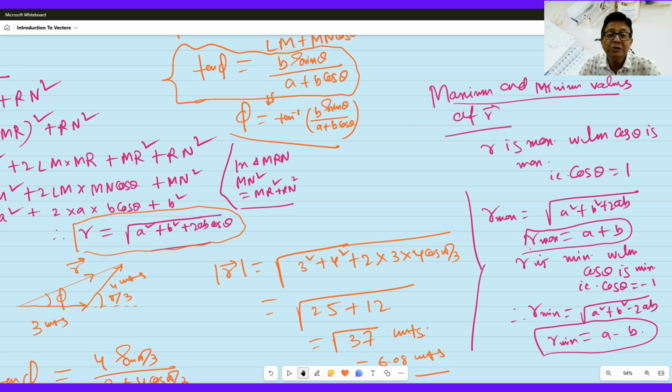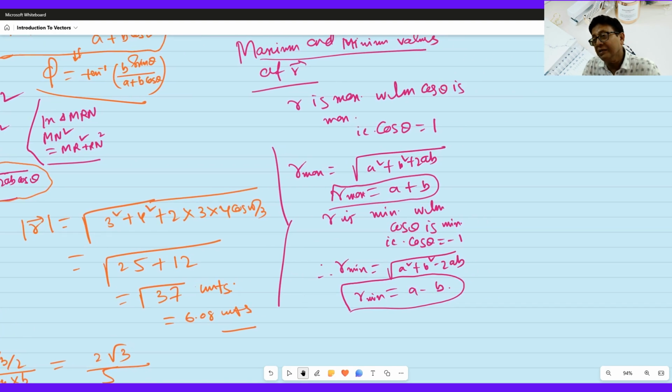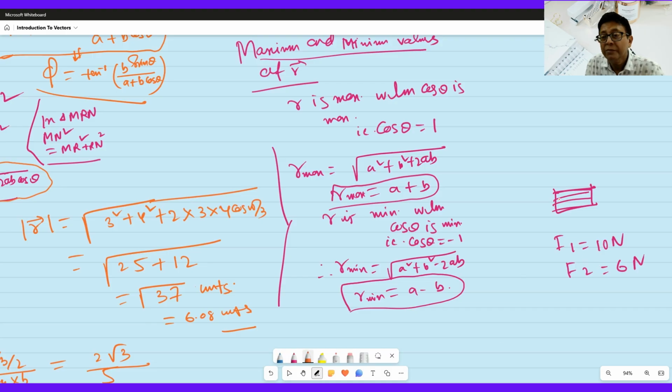Under what condition two forces give the maximum resultant? When they act in the same direction. This is the object. On it, two forces are acting. F1 equal to 10 Newton, F2 equal to 6 Newton. For maximum value of the sum, they should act in the same direction. F max.